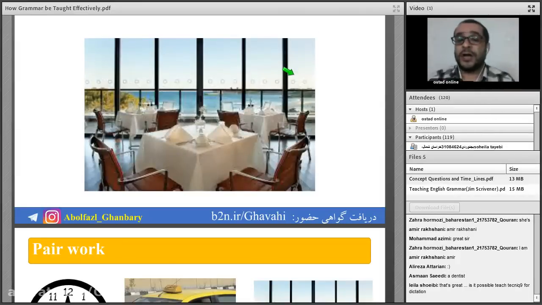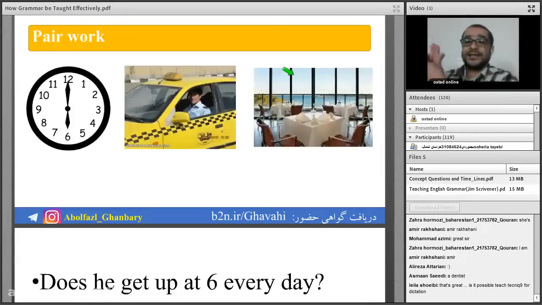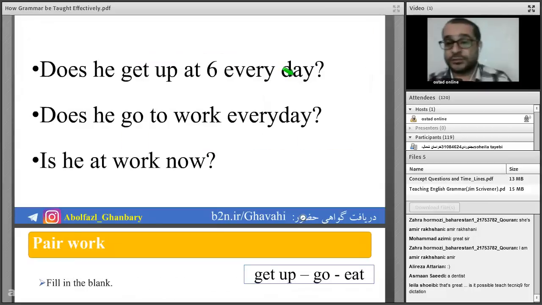He eats lunch at 12 o'clock in a restaurant. Very good. He eats lunch at 12 o'clock in a restaurant. Nice. So, now work in pair and say sentences according to the pictures.